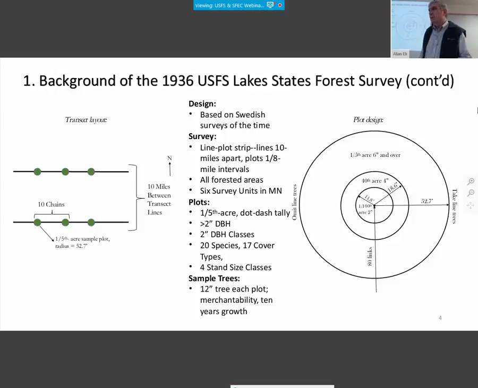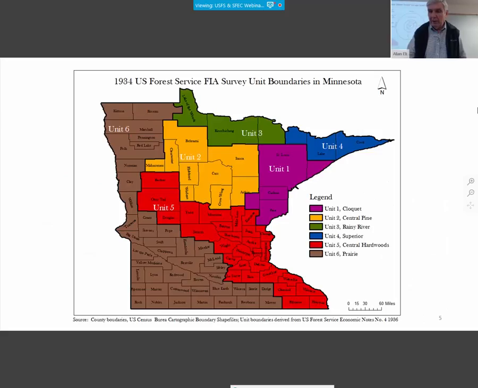There was a special interest in the 1930s in cedar, and particularly we didn't really have chemicals for wood treatment and longevity, and so cedar was a big deal, and it shows up in much of the work. Kind of based on some Swedish designs, we'd call it a line plot strip. 6 survey units in Minnesota, and in fact a fair amount of data at each plot.